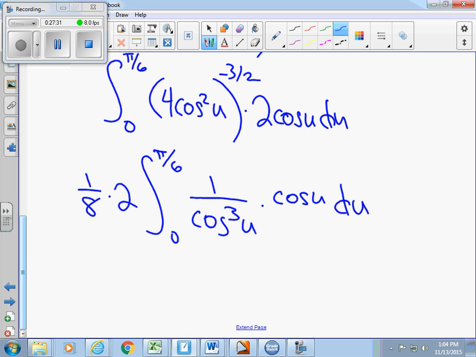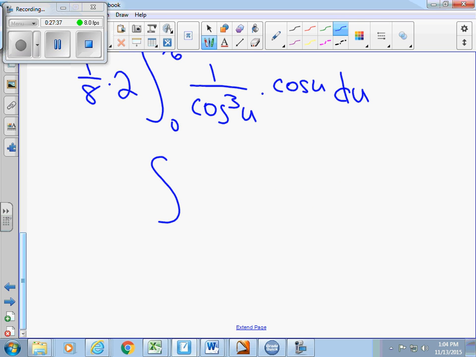And what is cosine of u divided by cosine cubed of u? 1 over cosine squared, or secant squared. Why would I call it secant squared? Because that's one of our rules. Tangent is the antiderivative of secant squared.